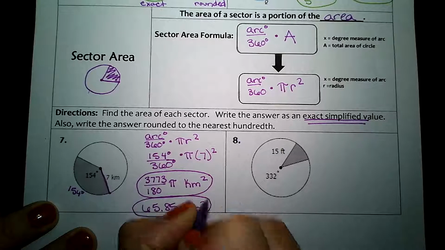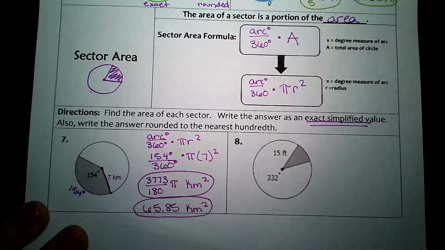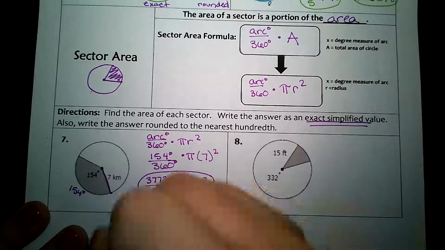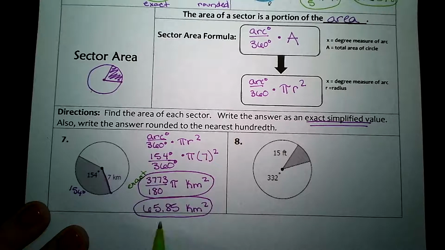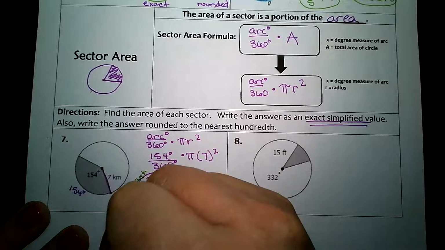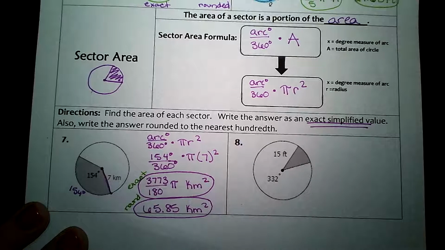You guys, both of these answers are valid. The first that still has pi in it is our exact value. The second, written as a decimal, is our rounded value. You need to be able to express your answer both ways, depending on the style of the question.